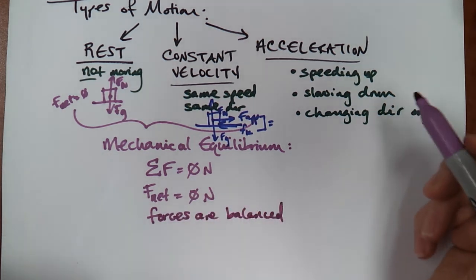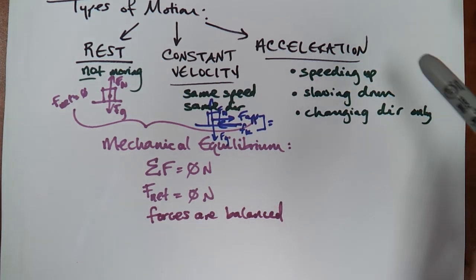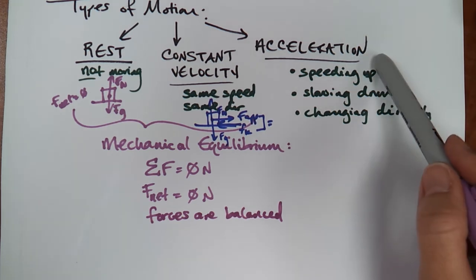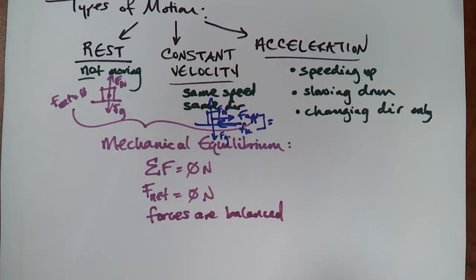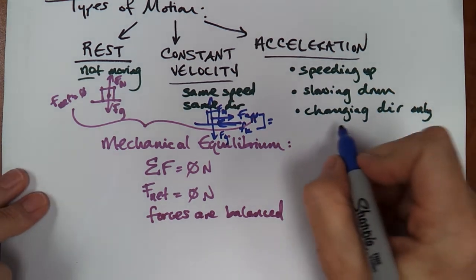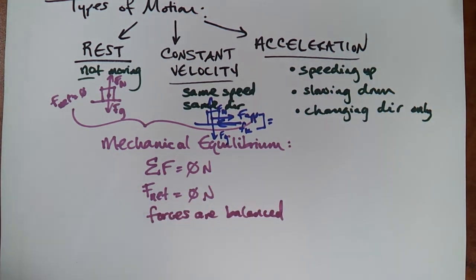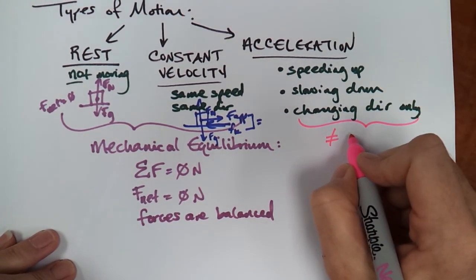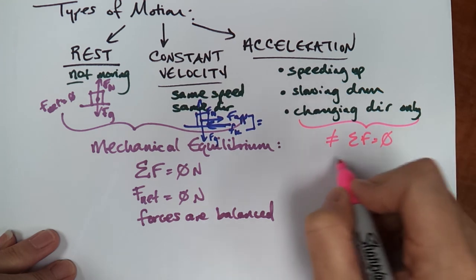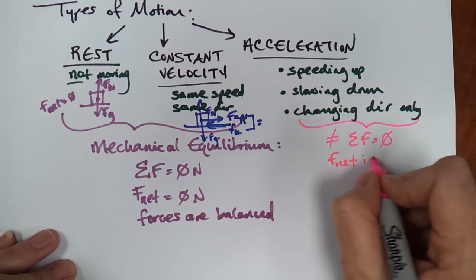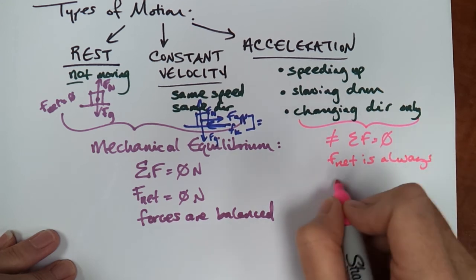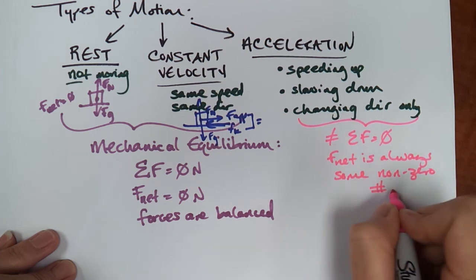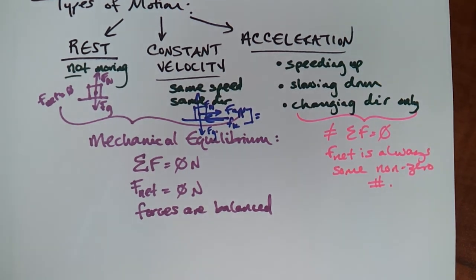In order to move an object, right, from rest, I have to unbalance the forces because I'm going to have to accelerate. So acceleration, let me go back to this, can never be in mechanical equilibrium. The F net is always some non-zero number. If you are accelerating, there's always some non-zero number, period.